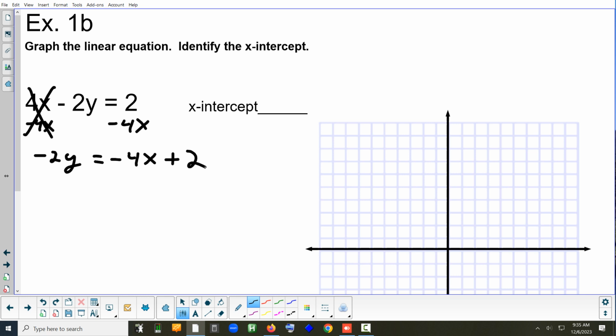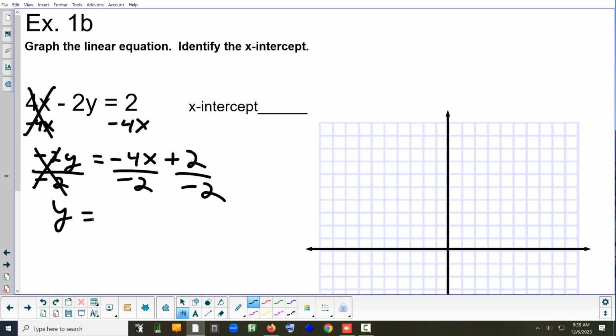Okay. Is y by itself now? Not quite. We need to divide by -2. You still have to divide by the number in front of y, and you do it on every term. What's -2 divided by -2? +1. So this all cancels out.